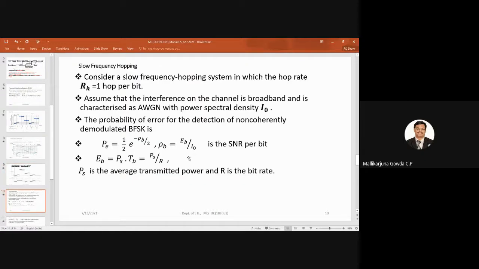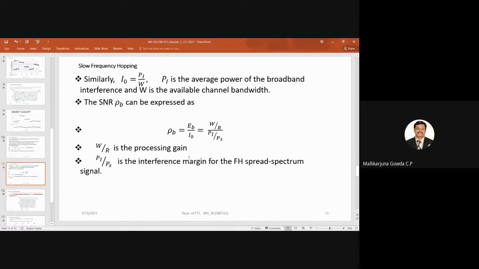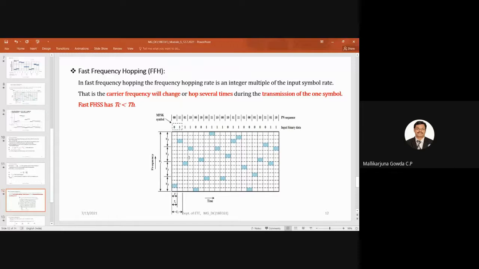This I already told today, so let me straight away move on to fast frequency hopping. In fast frequency hopping, the frequency hopping rate is an integer multiple of the input symbol rate. The only difference here is that the carrier frequency will change or hop several times during the transmission of one symbol.